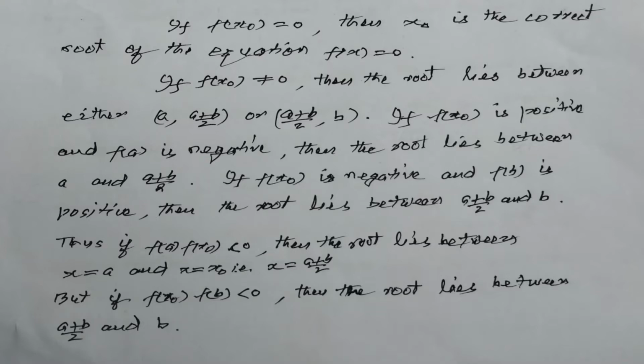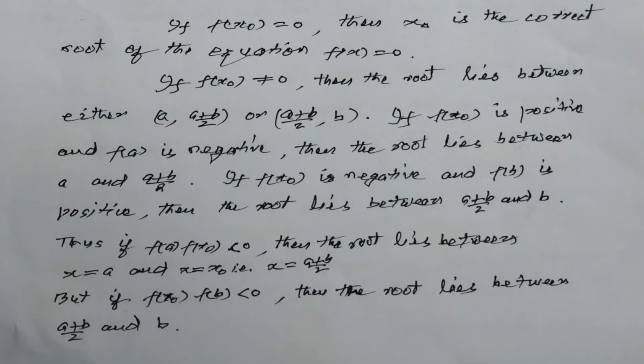If f(x0) is not equal to 0, then the root lies between either a and (a plus b) by 2, or (a plus b) by 2 and b. That is, the root lies in the interval a to (a plus b) by 2, or (a plus b) by 2 to b.